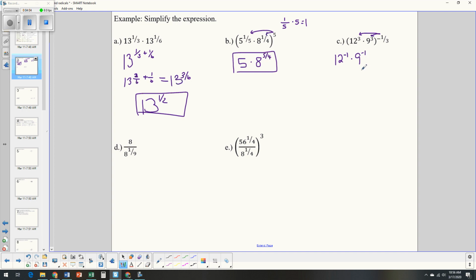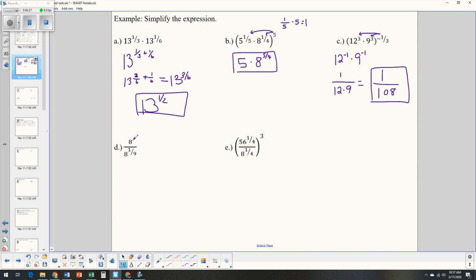And if you recall, we're not allowed to have negatives, so this is going to become 1 over 12 to the positive 1, or just 12, times 9 to the positive 1, or just 9. And now it's really obvious to see that we will get to multiply these, and we get 1 over 108. All right, and that would be our final answer.